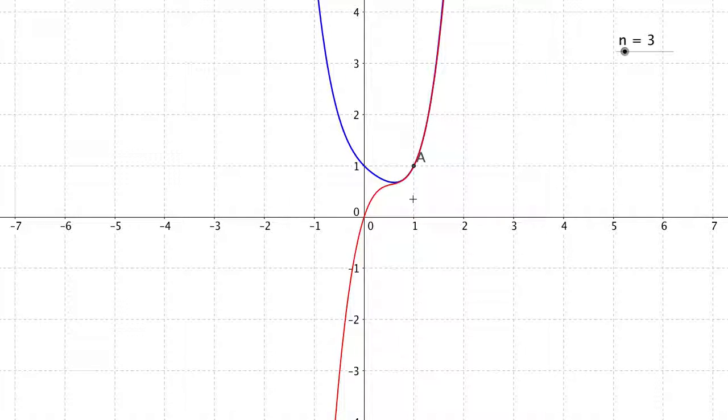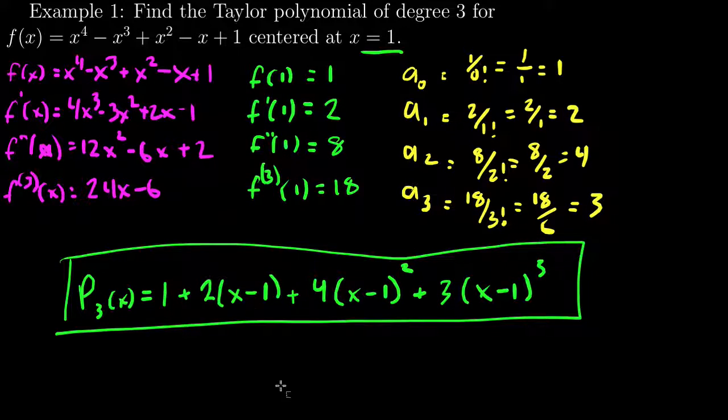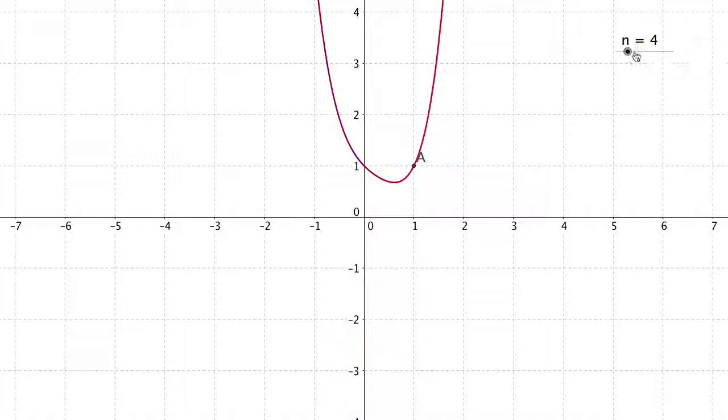Now, one thing that's worth noting, because you might be wondering, well, hold on. This was a 4th degree polynomial to begin with. What if I got the 4th degree Taylor polynomial? Well, what happens is you actually get the same exact function. It's going to look a little different because I'm going to have x minus 1 and x minus 1 squared, but if you expanded and simplified, you get the same exact function.